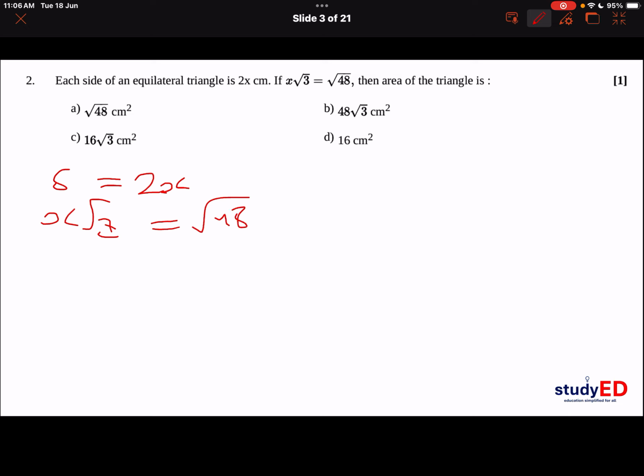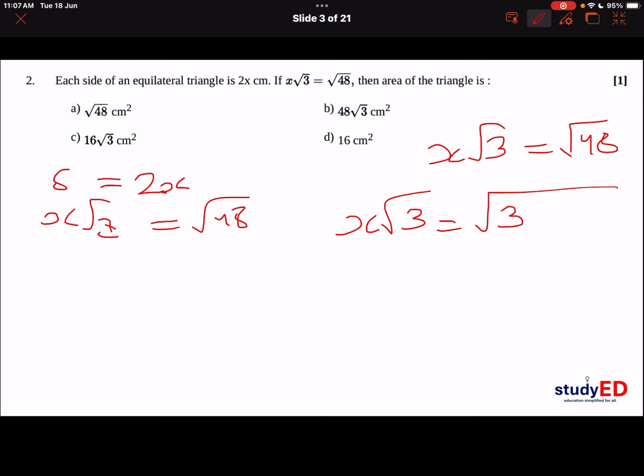First, let us find x. Expand root 48: x root 3 is equal to root of 3 into 4 into 4. I'm not simplifying this so we can take a square root here. 4 into 4 directly is a square root, 16.